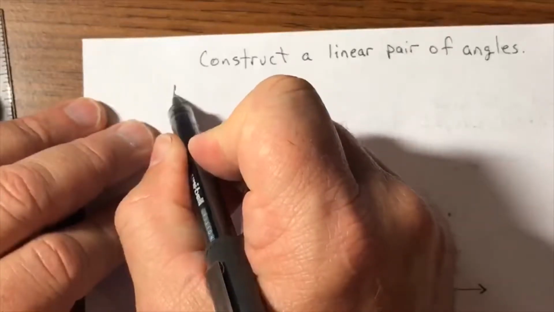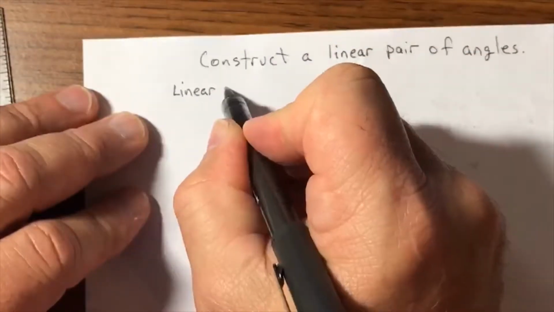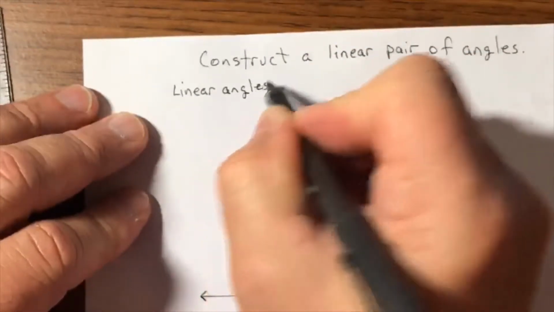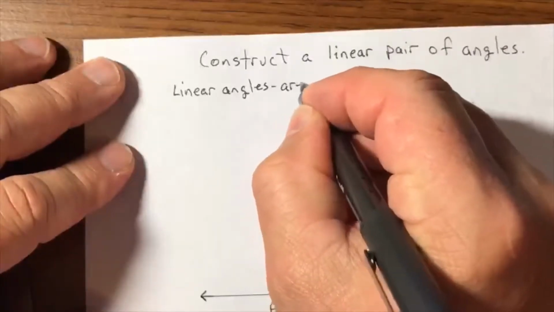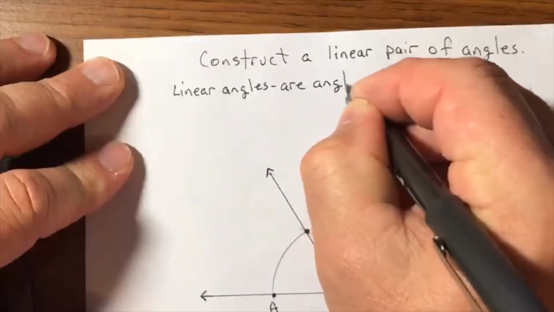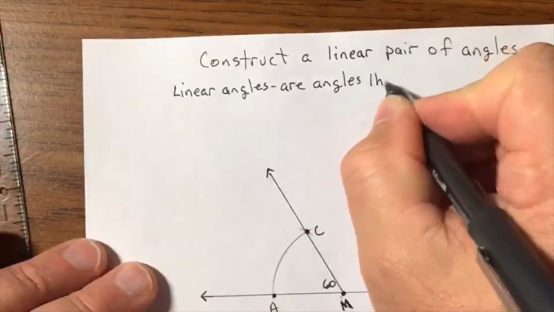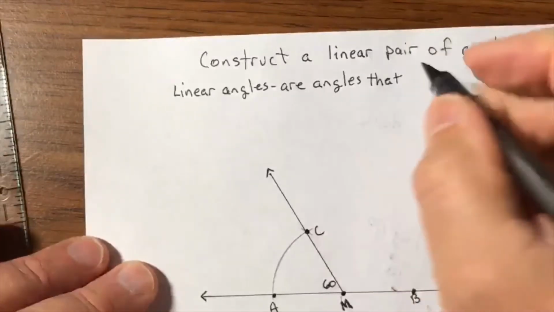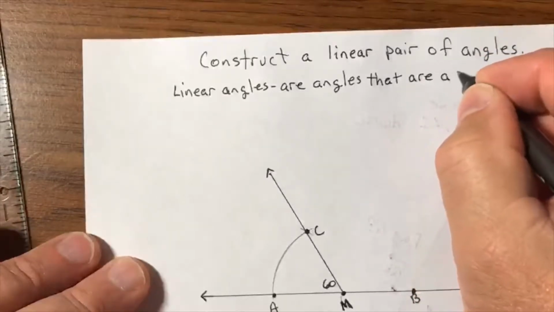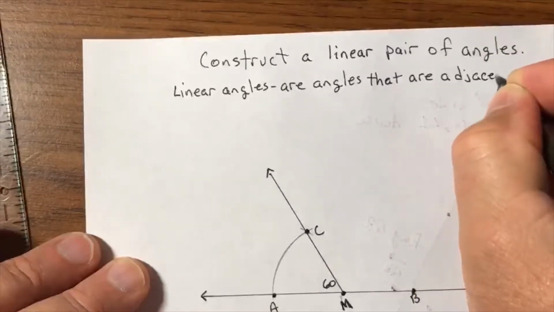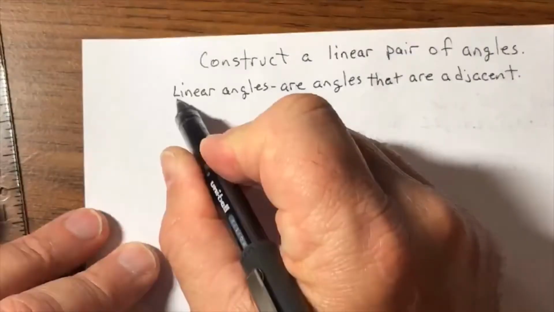Okay, linear angles are angles that are adjacent, and let me underline this.